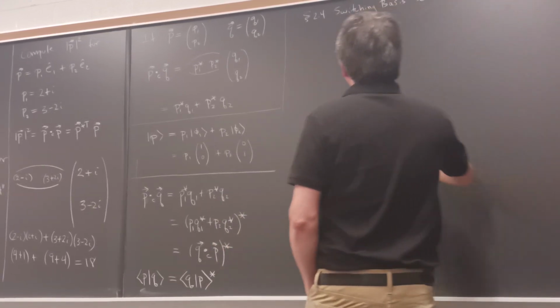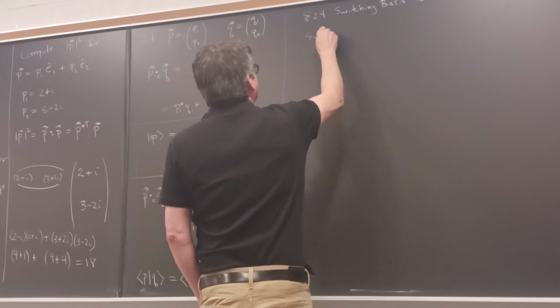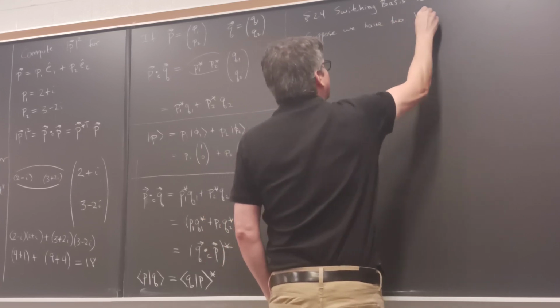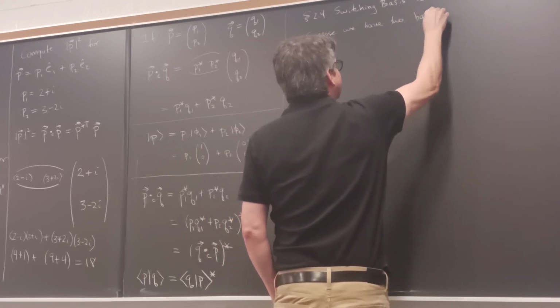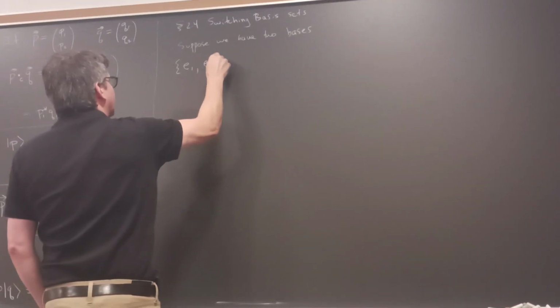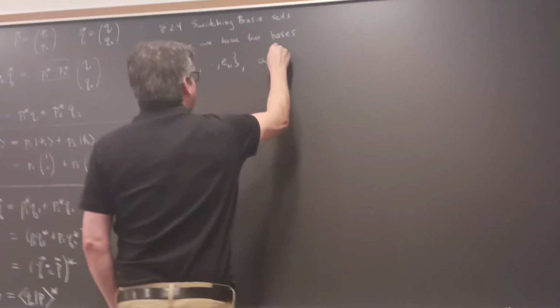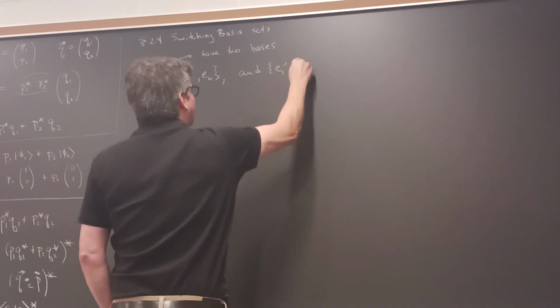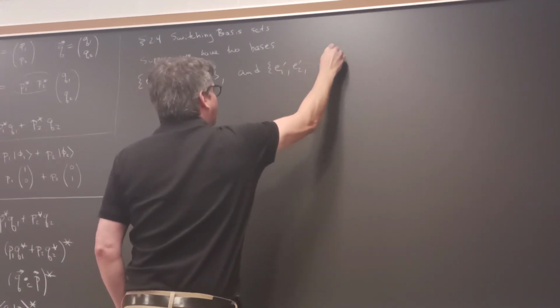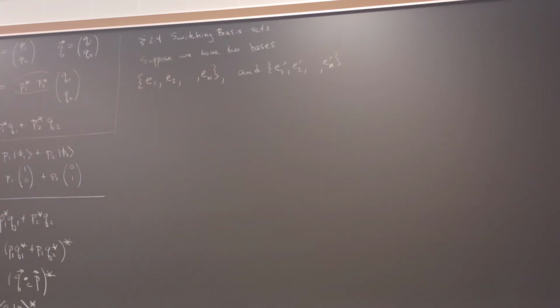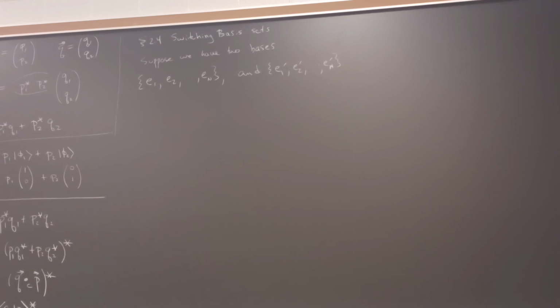Okay, so for example, suppose we have two bases, E1, E2, up to En, and E1 prime, E2 prime, up to En prime. Just for convenience, I'm going to drop the hats on these because it's a lot of writing.